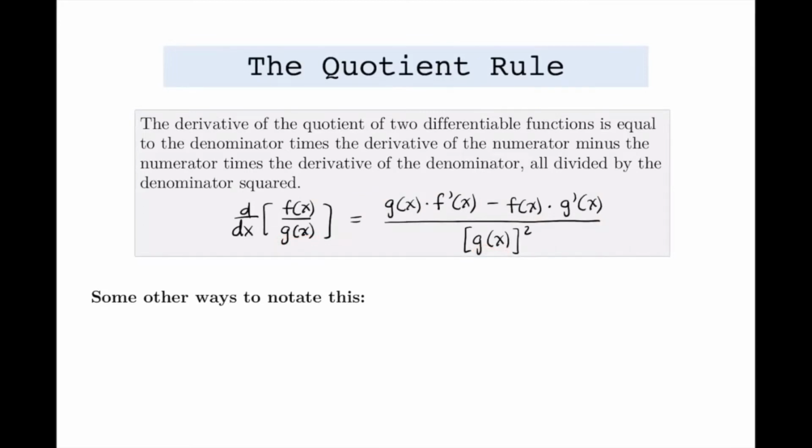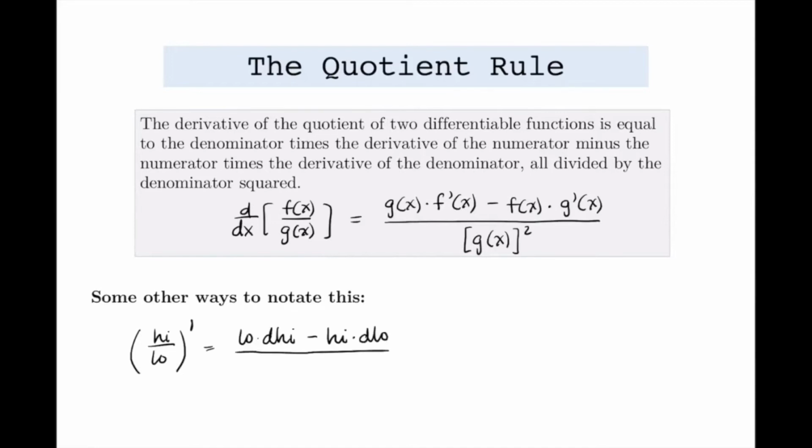This notation is a little clunky, so here are some other ways to notate this. Here it is in a sort of informal way. If we think of a fraction as high over low, high being the numerator and low being the denominator, then the derivative of that will be low times derivative of the top, so d high, minus high times the derivative of the bottom, so d low.